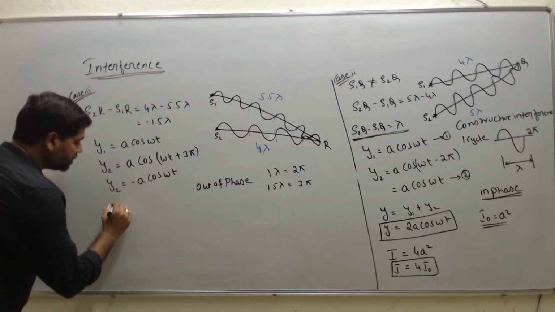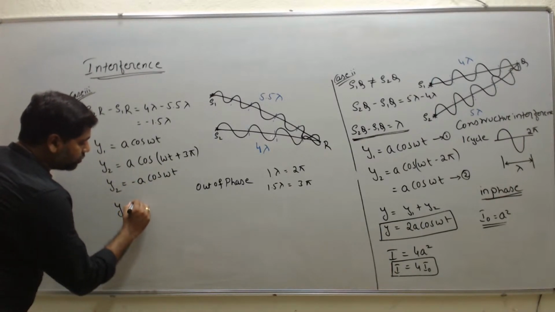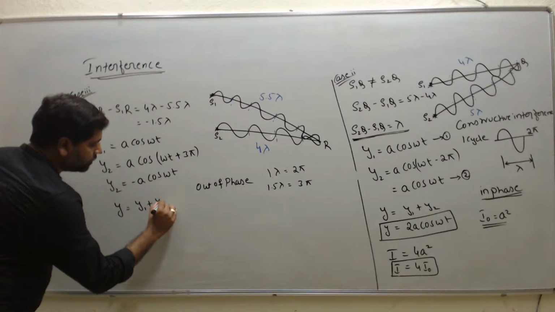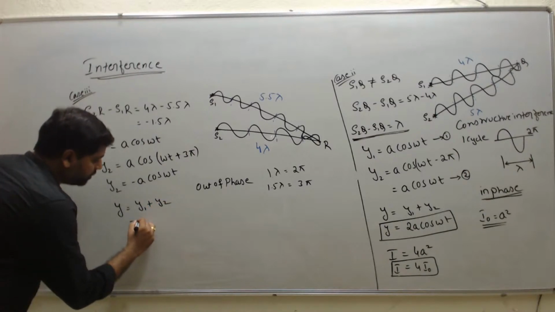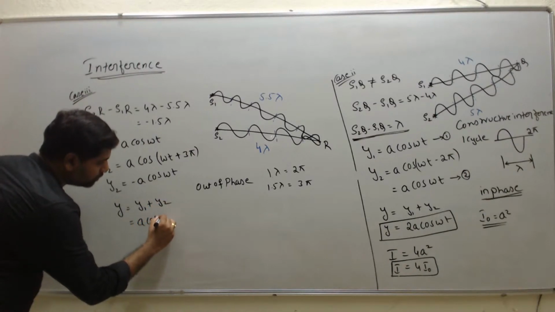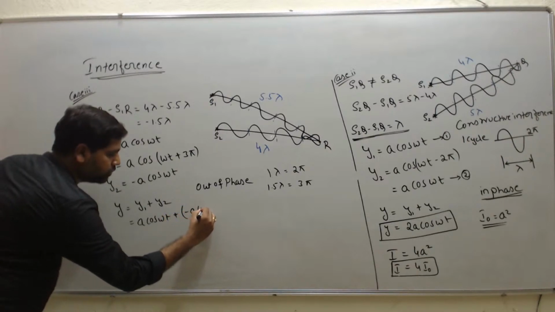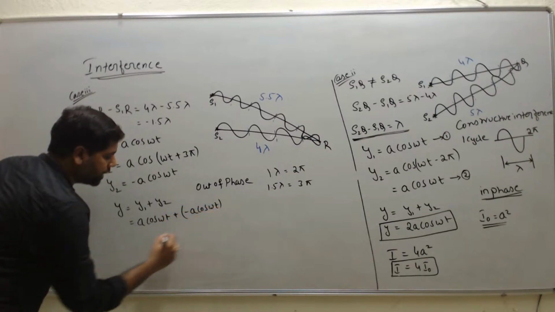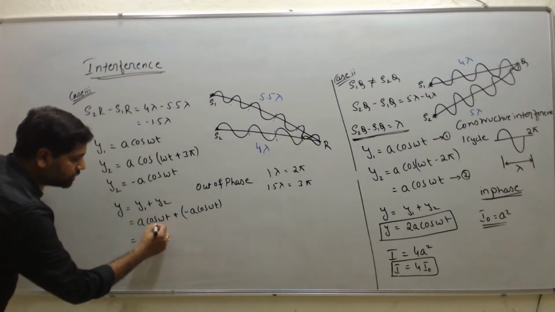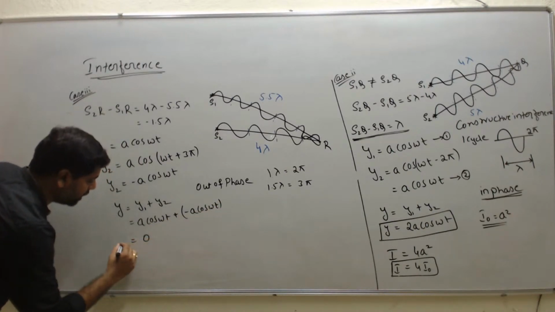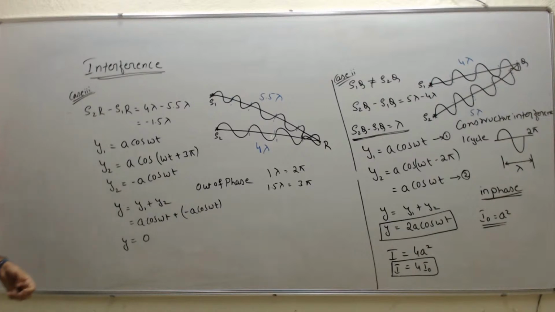Then if we write the resultant displacement, y is equal to y1 plus y2, that is a cos omega t plus or minus a cos omega t, the terms being the same, then y is equal to 0.